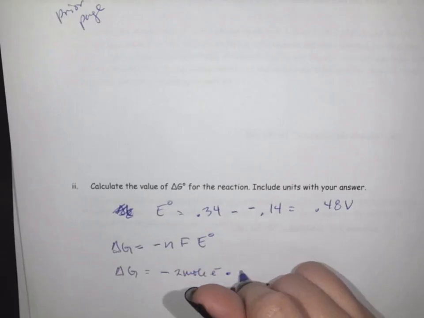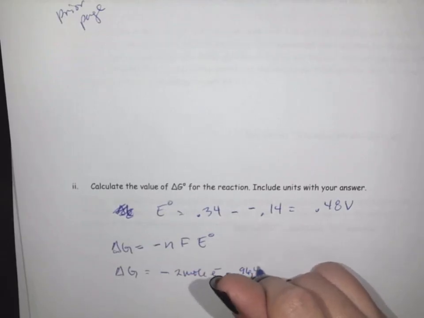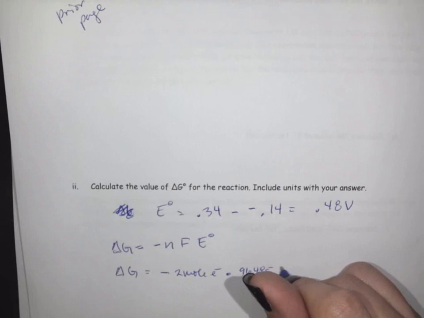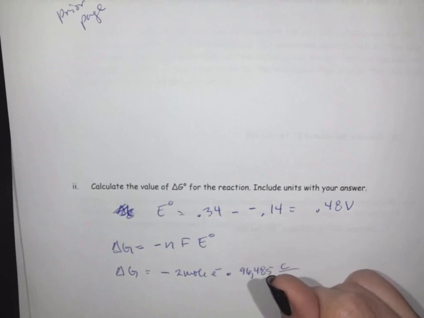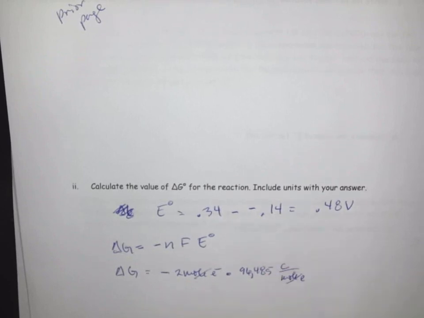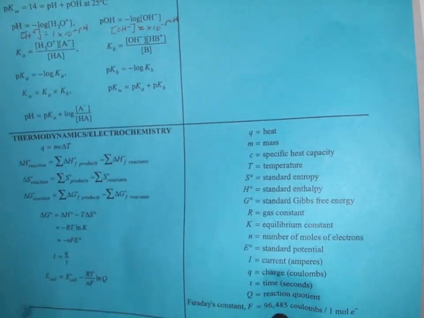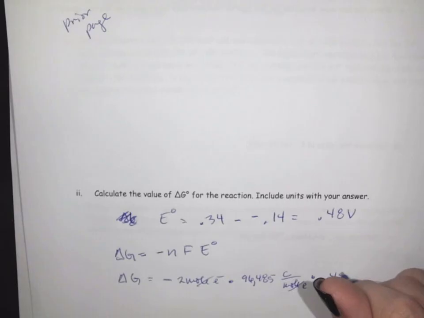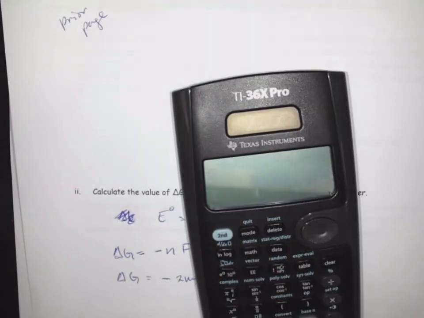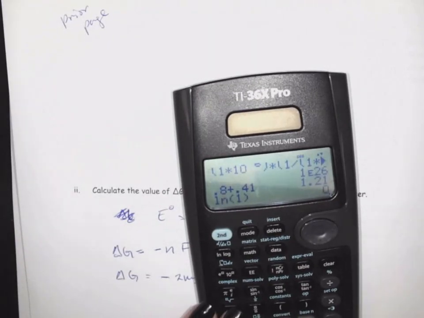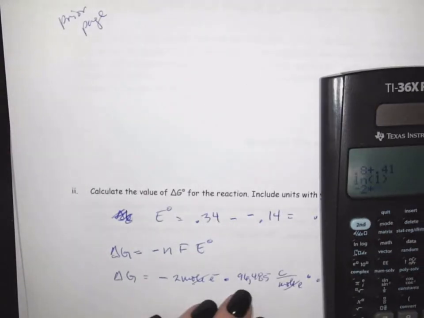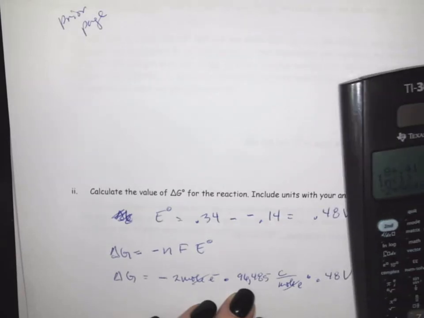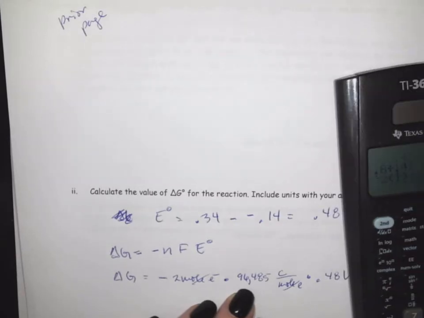I'm going to multiply that by 96,485 coulombs per mole of electrons, times 0.48 volts. So negative 2 times 96,485 times 0.48.